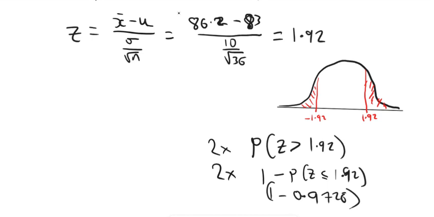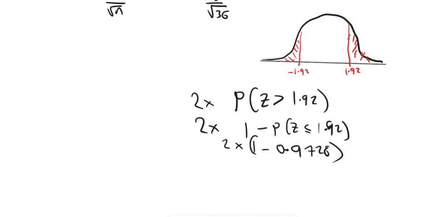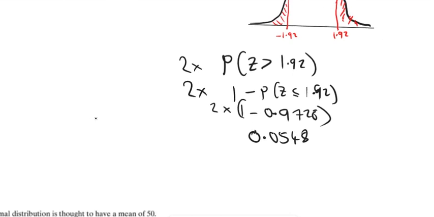So it'll be 2 times 1 minus 0.9726, which is 0.0548. If you convert that to a percentage, it's 5.48%.